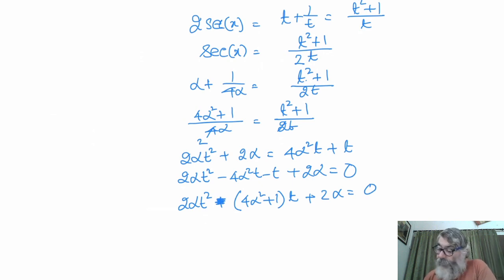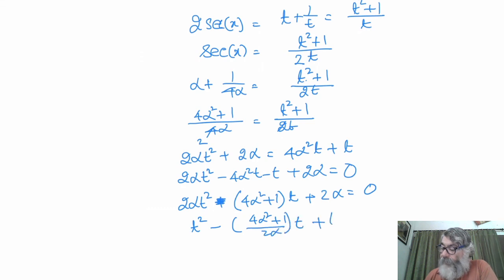Now I divide the whole equation by 2 alpha, so I'll get t square minus 4 alpha square plus 1 upon 2 alpha into t plus 1 is equal to 0, or t square minus 2 alpha plus 1 upon 2 alpha times t plus 1 is equal to 0.